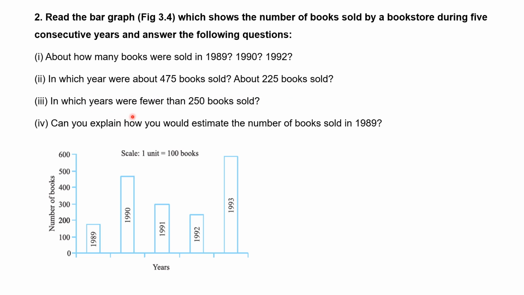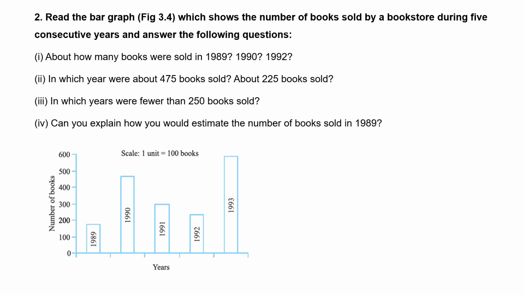In which year were fewer than 250 books sold? And can you explain how you would estimate the number of books sold in 1989? The bar graph is like this. X-axis shows years and y-axis number of books. And the scale used is 1 unit is equal to 100 books.